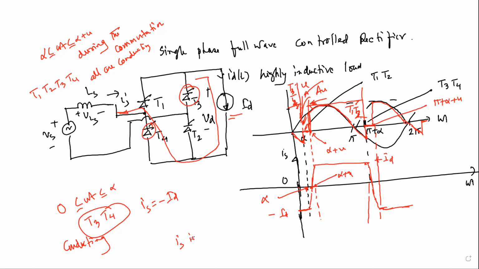Is is passing the omega t axis. At what angle? Can anyone tell me at what angle? Is it alpha or is it alpha plus u? Or alpha plus u by 2? Look, in this one is u, right? Yes, alpha plus u by 2.